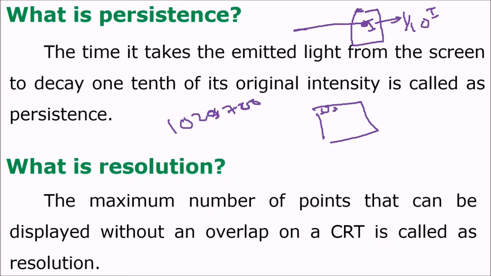And for full HD, it becomes 1920 by 1080. So this many pixels are there, and all these pixels are to be lit or displayed. So this is the resolution nowadays. You have Ultra HD also, 4096 by some number, I don't remember that.